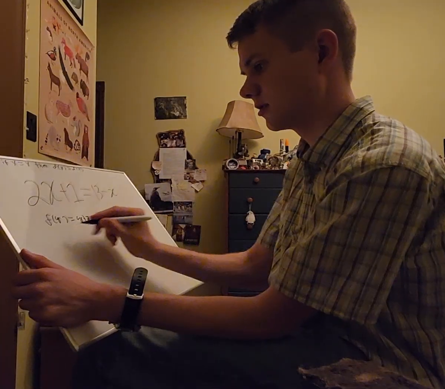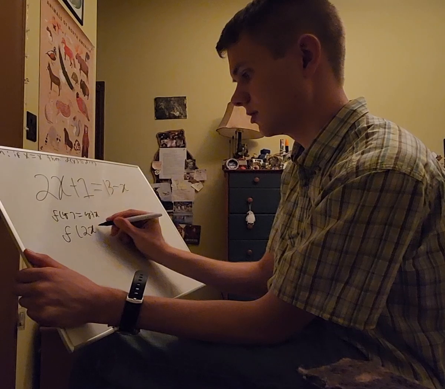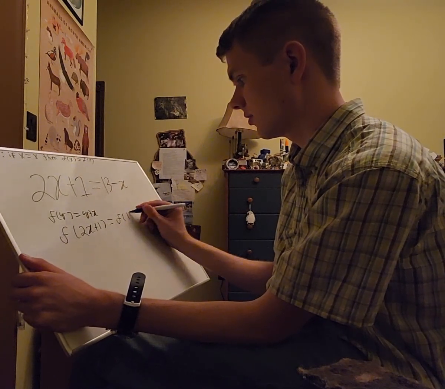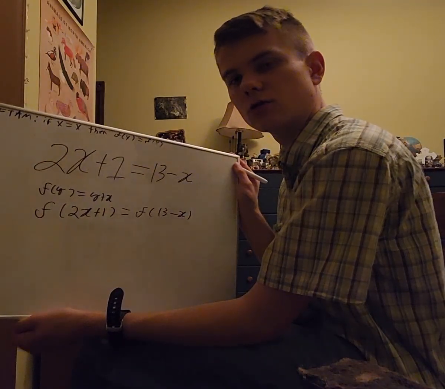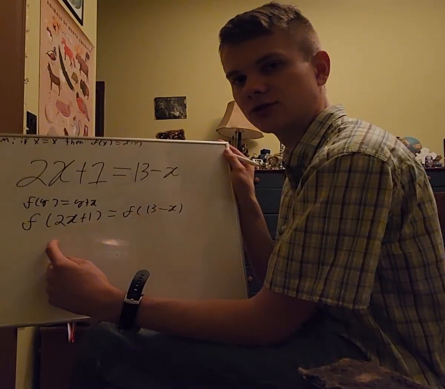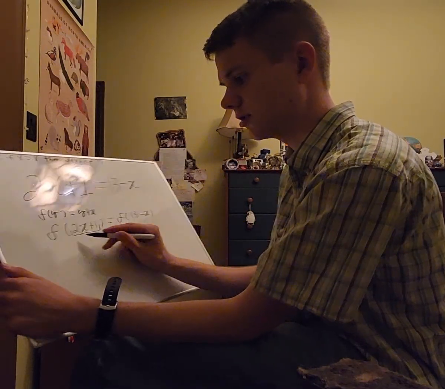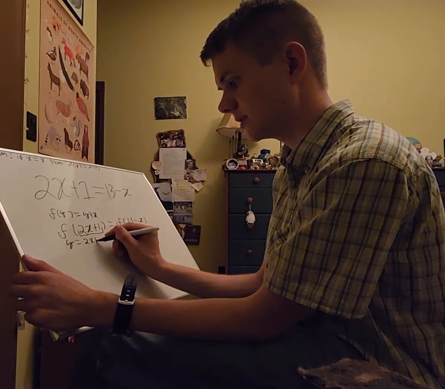So this is f(2x plus 1) is equal to f(13 minus x). Great. Let's look at the left-hand side first. What's y? Well, y is what the argument is, which is this. So y equals 2x plus 1.